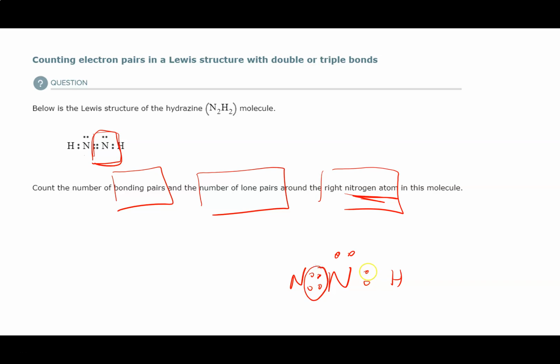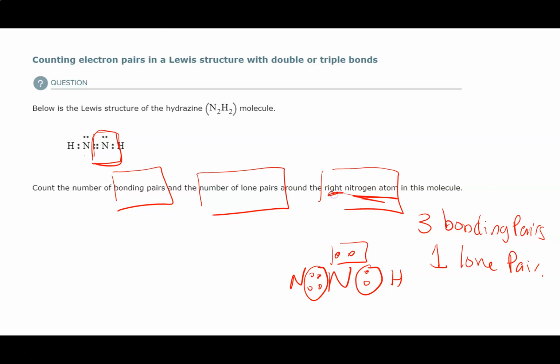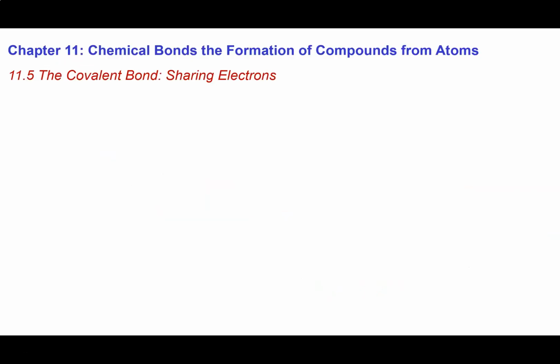So 1, 2, 3 bonding pairs, and then 1 lone pair. So you have to read the question carefully, and you have to count carefully, make sure you get the correct nitrogen atom, make sure that you're counting pairs and not individual electrons. So you just got to read carefully and be calm with it.